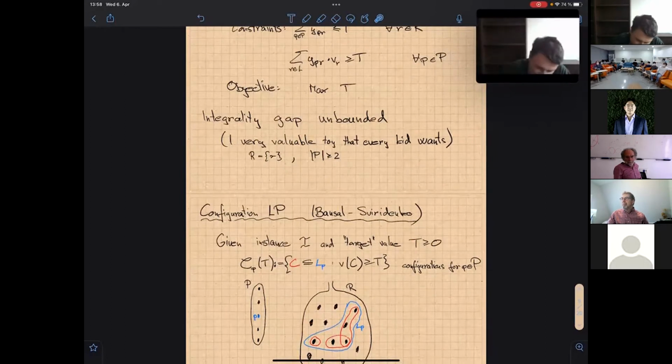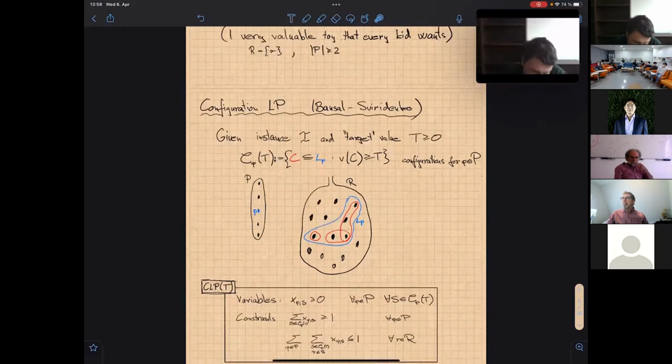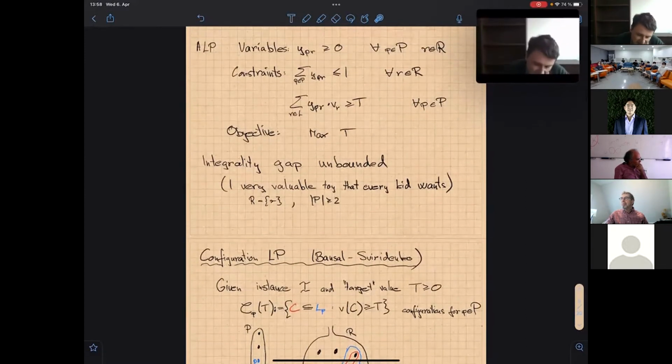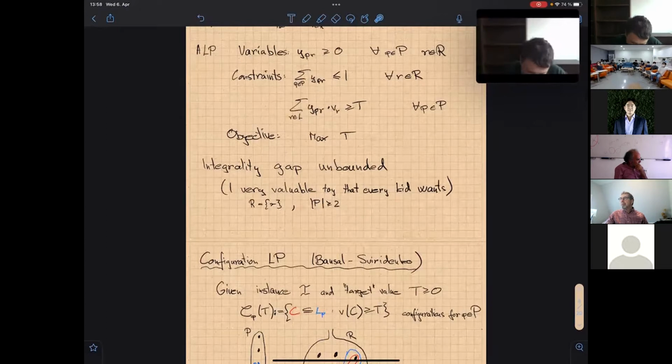And Bansal and Sviridenko, in whose paper this problem name was introduced, suggested a more complicated but more effective LP, the configuration LP for the problem, in order to deal with such instances.